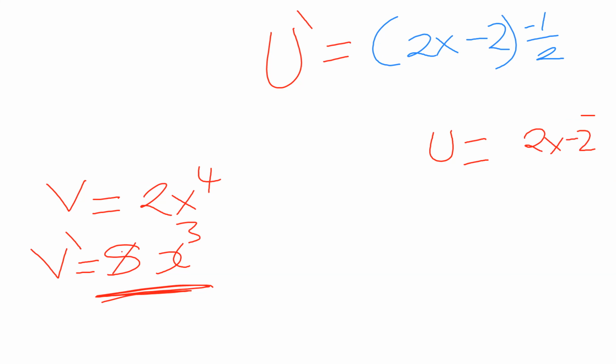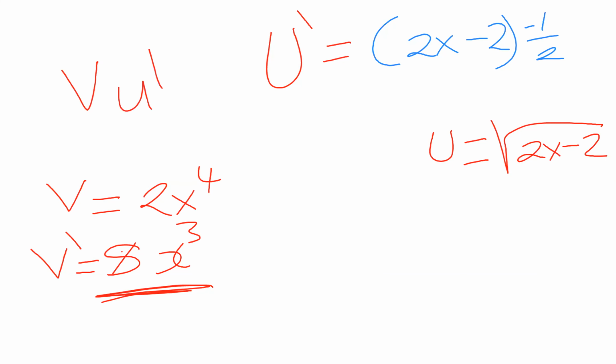Yes, that was the u, which is the same as raising that to the power half. So in short, our u was the square root of 2x minus 2. Then we are finding vu prime plus uv prime, right? What is our v? The power 4.